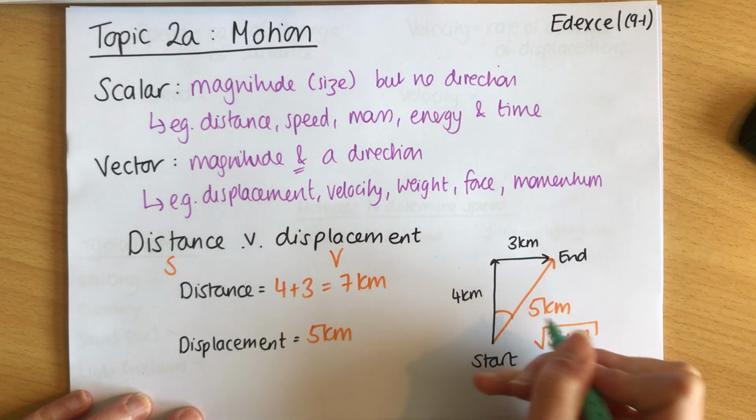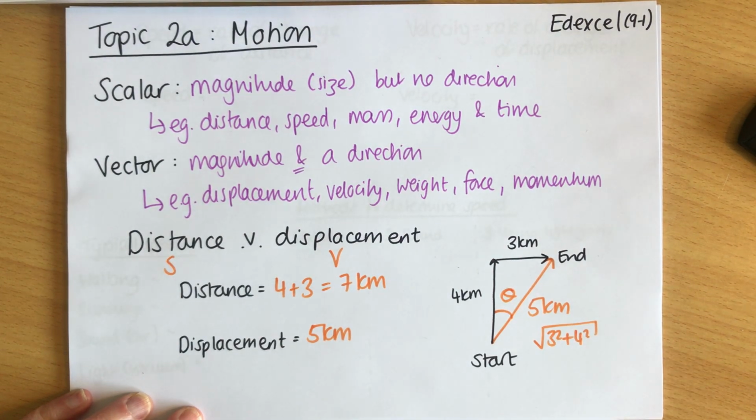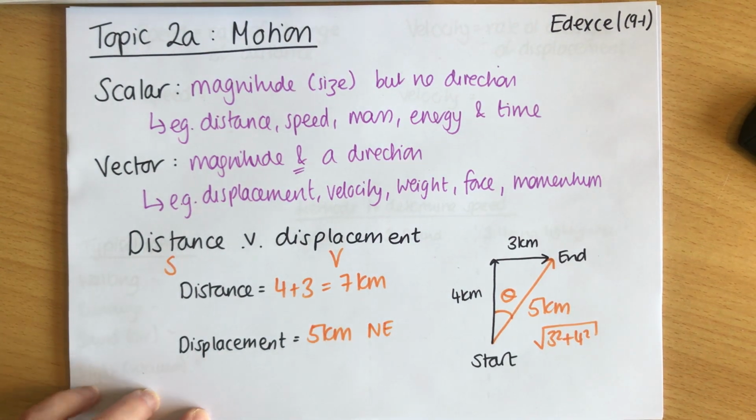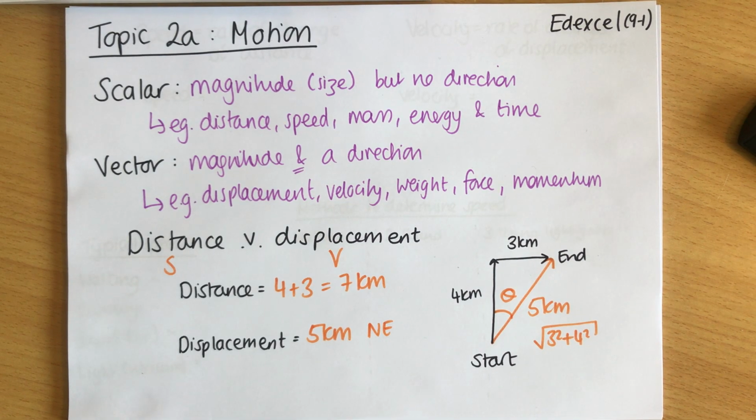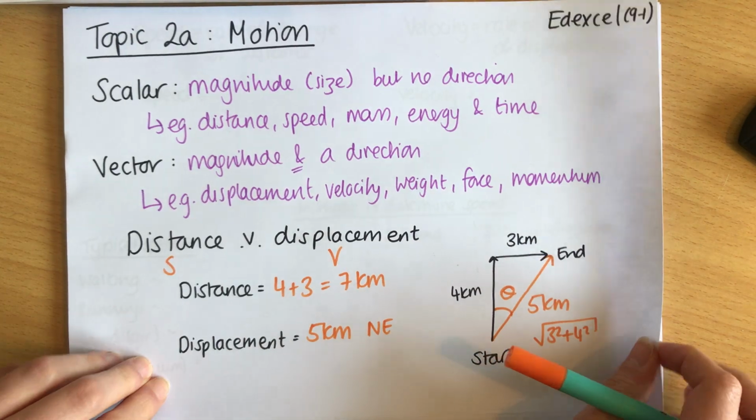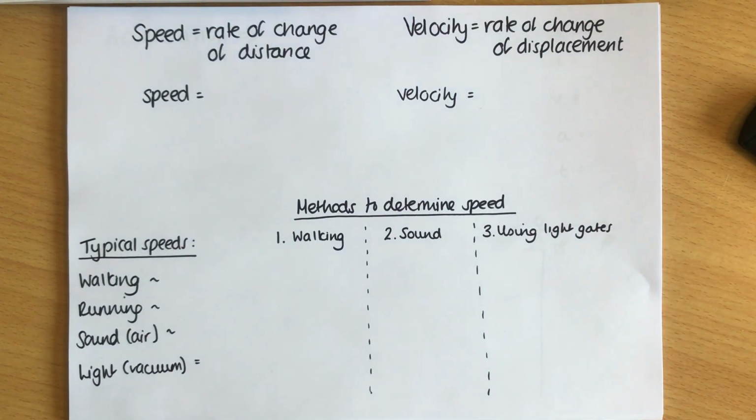I could work out the angle here and measure it with a protractor, or I can just say north east, which it basically is here. At GCSE you can normally just state a direction, but later on you start to use angles to help with that.